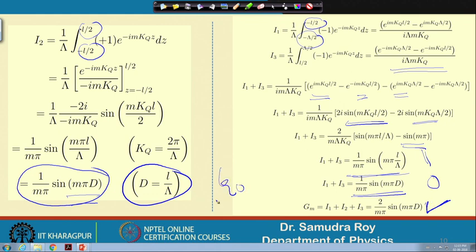If I want to find what is g 0, then if I put 0 here, you will find at the limit m tends to 0, this goes to 1 or some value, because I need to put a d multiplier. So, this value should be around 2 divided by d or something. In a similar way we can find what are my g 1, g 2, g 3 and so on, and this kind of value we are going to use in the next class.